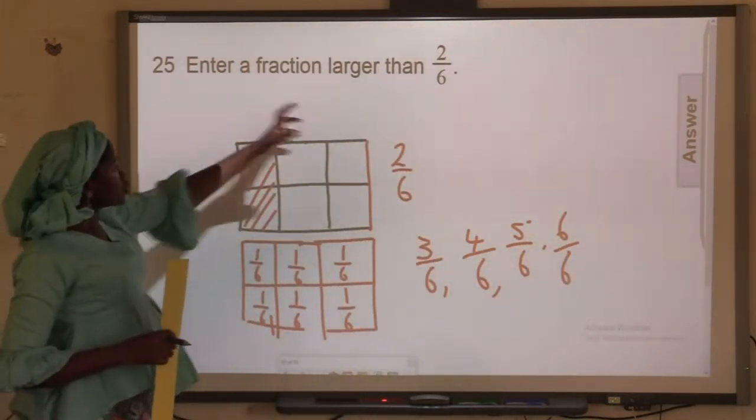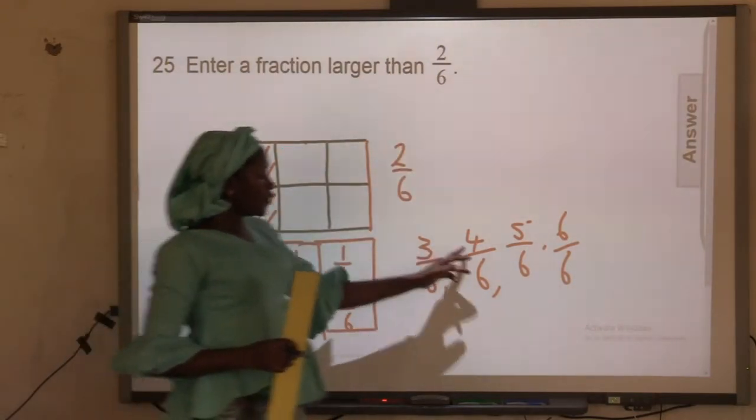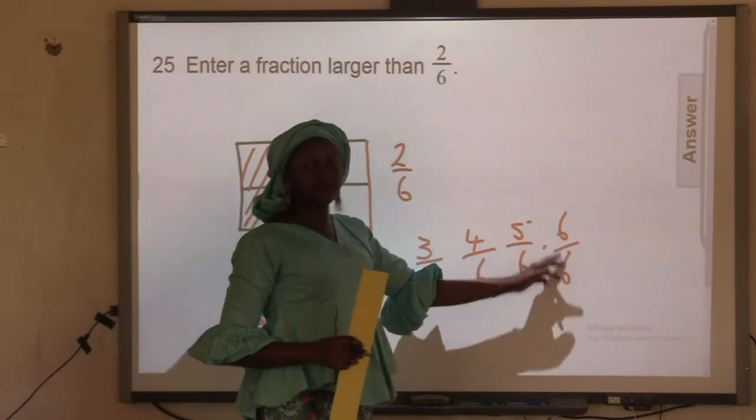So fractions which are larger than 2/6 are 3/6, 4/6, 5/6, and 6/6.